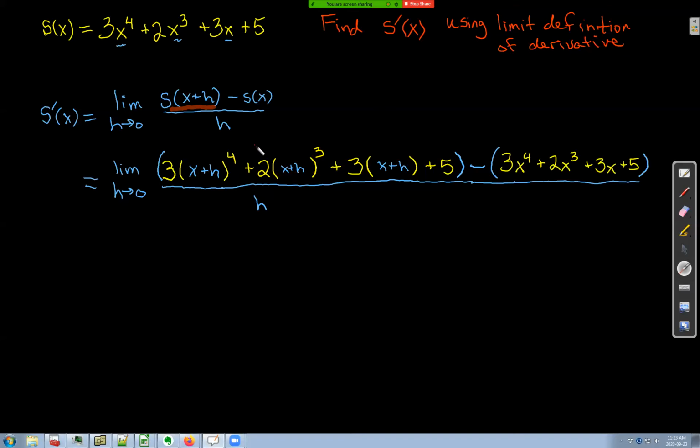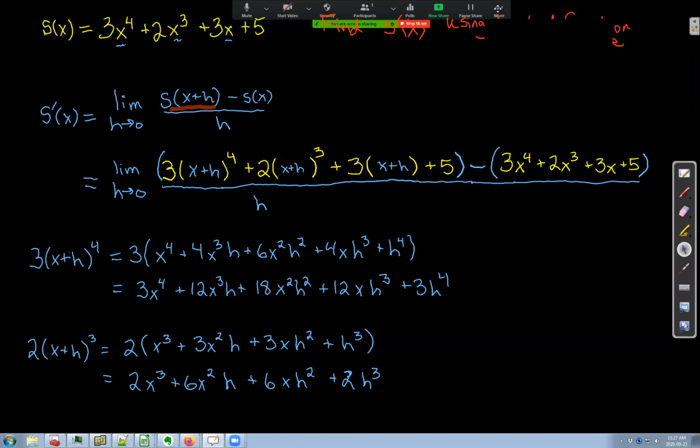Basically we have to do a whole bunch of algebra to simplify this whole numerator, and that's going to be a real mess. I'm going to go ahead and expand that, but you don't need to see me doing that right now because it'll take too much time. I'm going to pause the video, and when I come back, this will be expanded a little bit and we can talk about it.